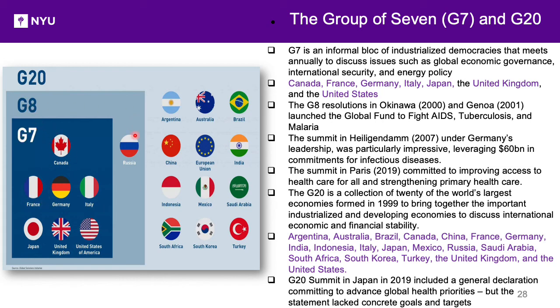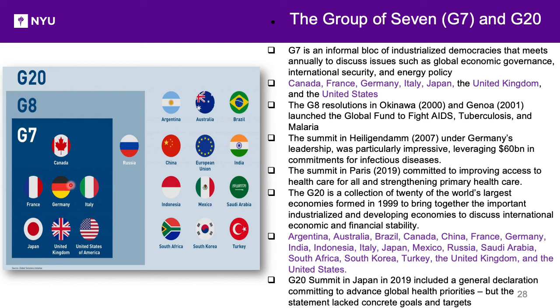The G7 plus Russia makes the G8, and then, of course, the G20 consists of these other countries. The G8 resolution in Okinawa in 2000 and Genoa in 2001 launched the Global Fund to fight AIDS, tuberculosis, and malaria. So this G8 summit was actually the foundation that launched the Global Fund.